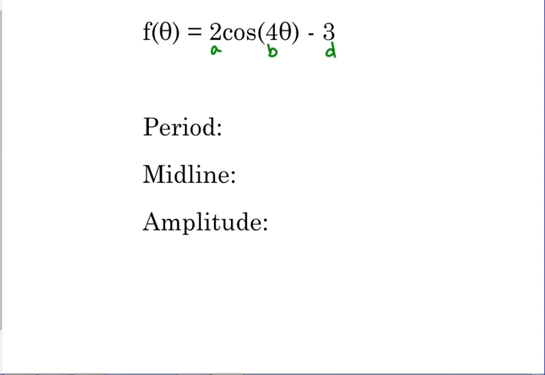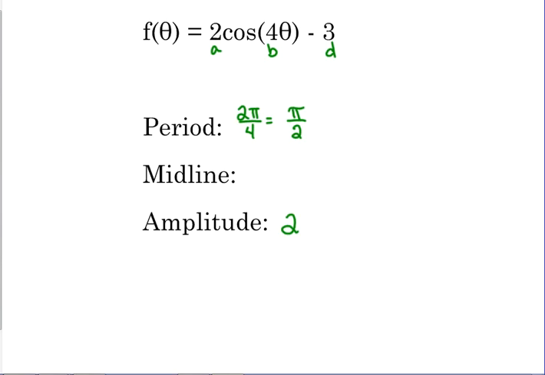So the midline change is the constant D. A affects our amplitude. The amplitude of this function would be 2. B affects our period, so 2 pi divided by that number in front of the x or the theta, so 2 pi over 4. That reduces to pi over 2. So instead of completing one cycle between 0 and 2 pi, now we're completing it between 0 and pi over 2.